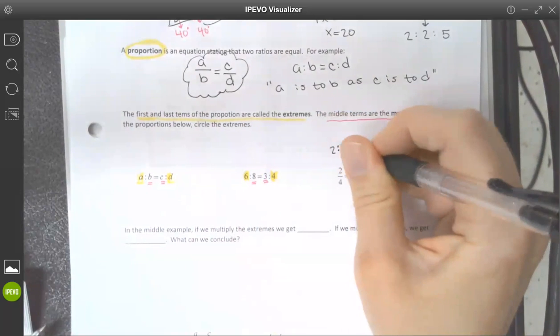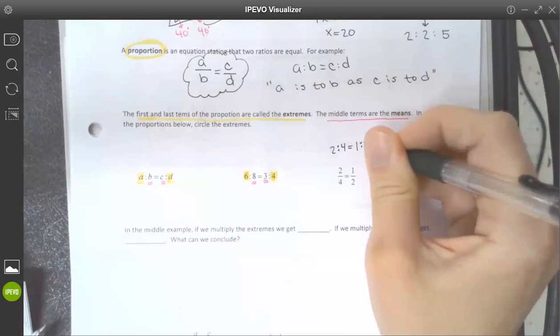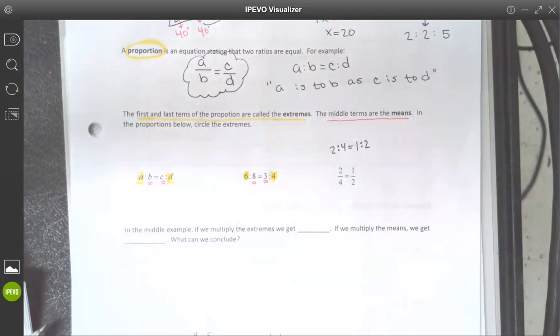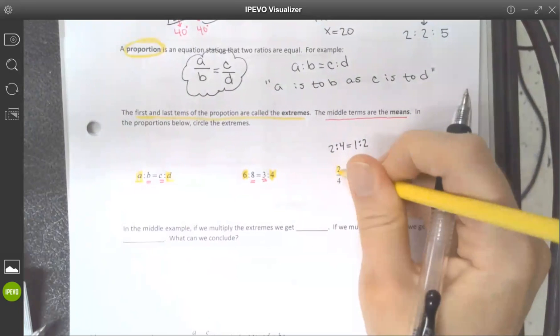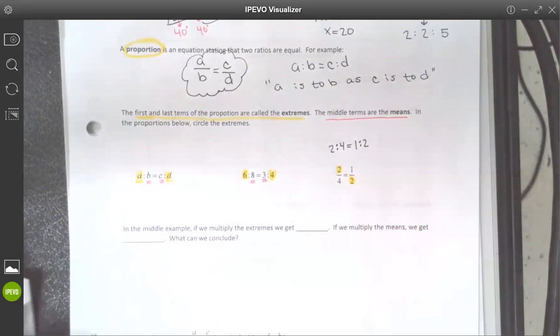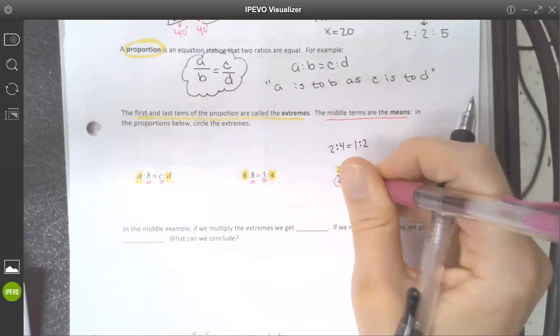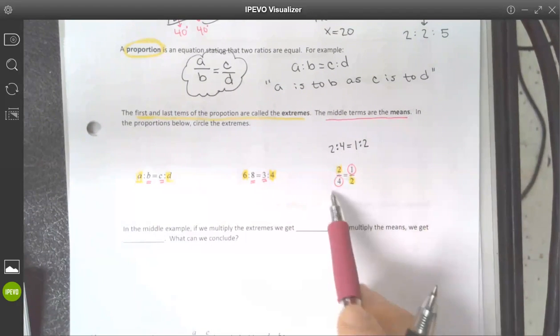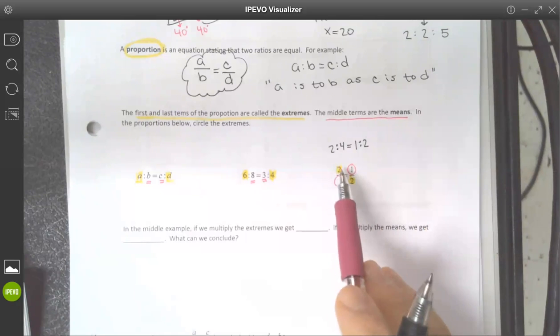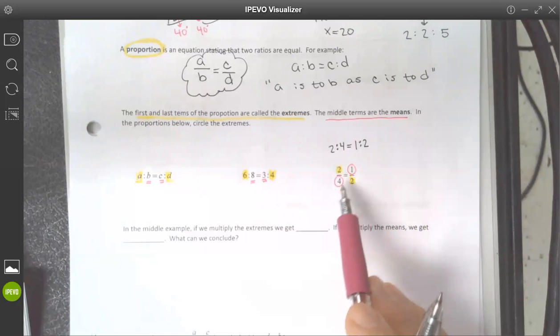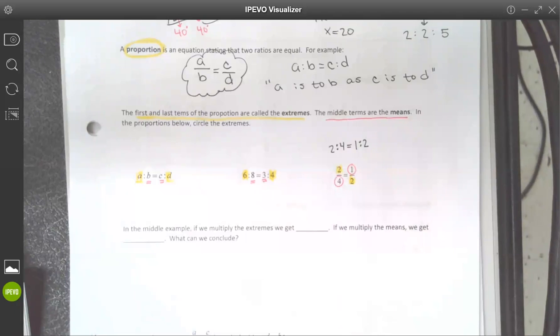So it could be 2 to 4 equals 1 to 2. Now tell me, what are the extremes? 2 and 2. I'm going to highlight it here though. And the means are 4 and 1. And you'll notice that when it's a fraction, the extremes are across from each other and the means are across from each other.